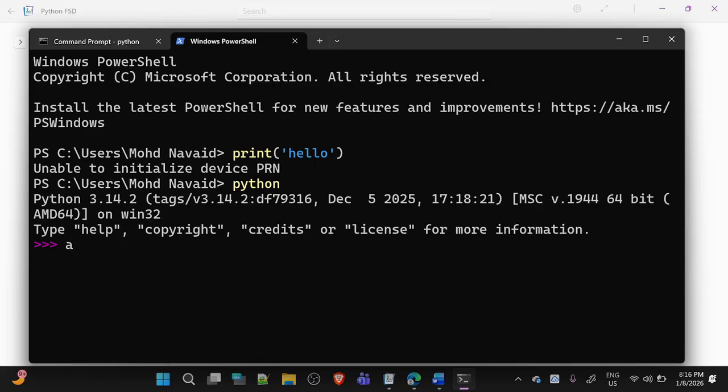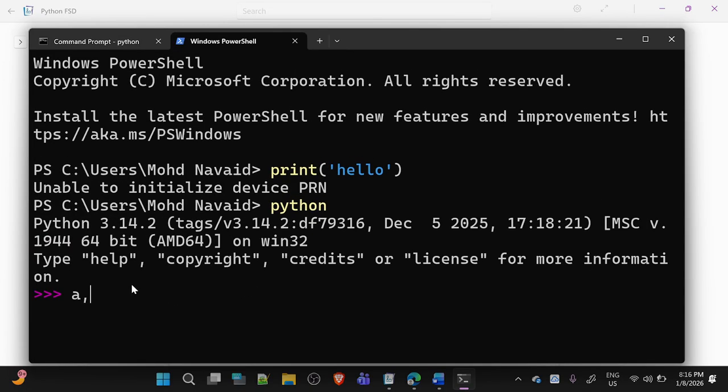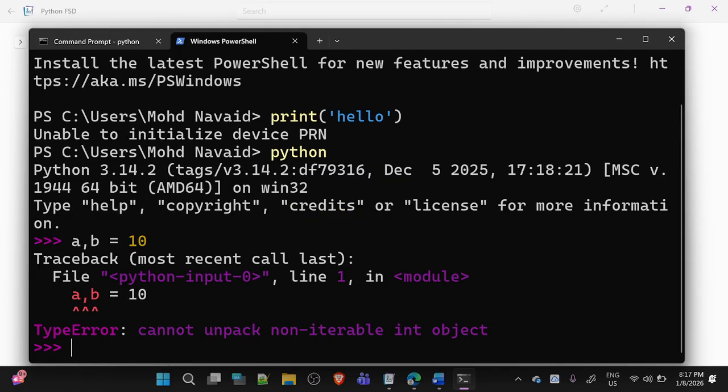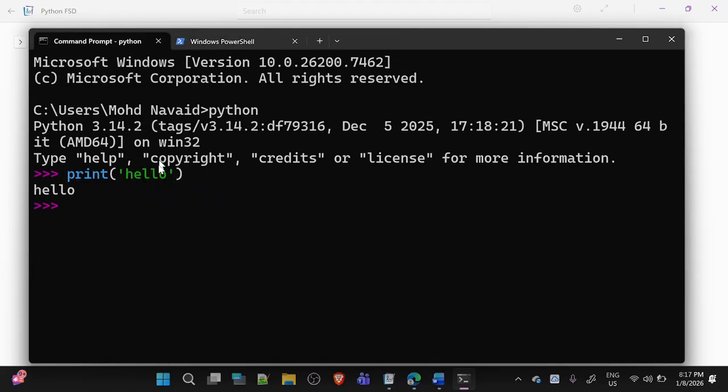For example, I am writing a comma b equals 10. It means the a value is 10 and the b value is also 10. Why this error? Sorry, I haven't started the Python cell, that is why it is showing an error.